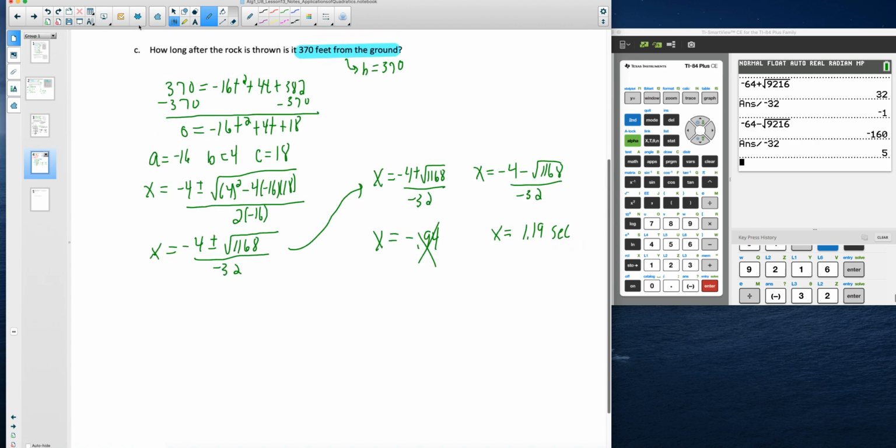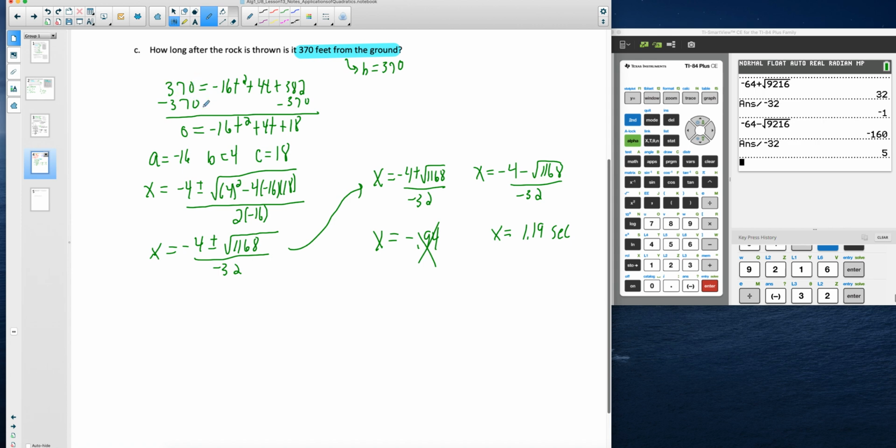All right, so how long after the rock is thrown is it 370 feet from the ground? Well, that means that the height is 370. In the last problem, the height was 0 because that's when it hit the ground. But now we want to know how long it takes to get to 370. So that means I have to put 370 in for h, which is what I did here. Very similar to what we did with 0.